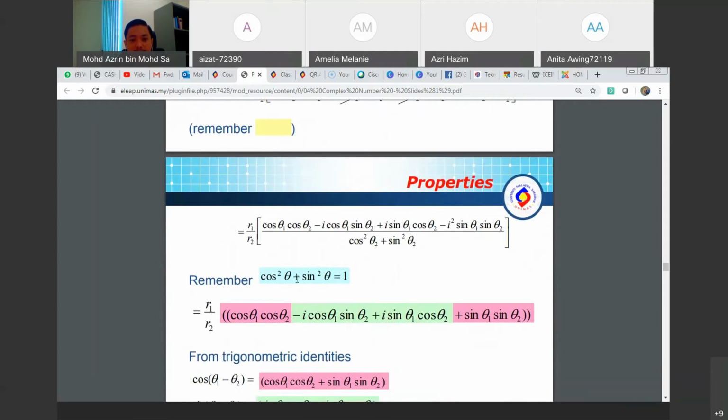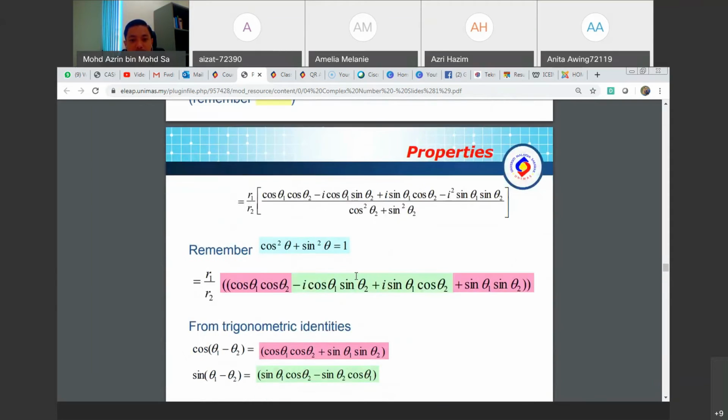And remember, cos squared theta plus sin squared theta equals 1. So the denominator, cos squared theta plus sin squared theta, is actually 1.